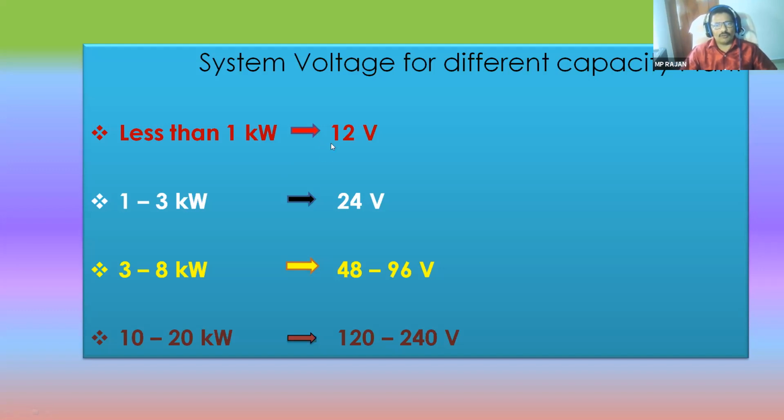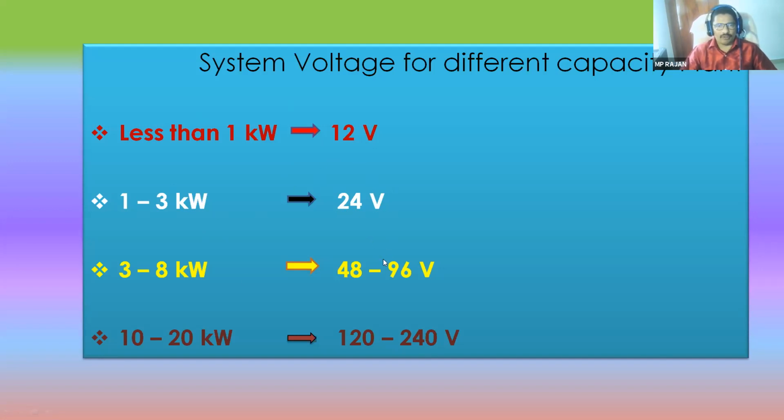That means for a 12 volt system, an inverter with a 10 to 14 volt DC input range will be very suitable. We cannot use an inverter having a range of 10 to 14 volt for a 24 volt system, for a 1 to 3 kilowatt solar power plant. So all these things have to be taken into account. This is the thumb rule we are using.